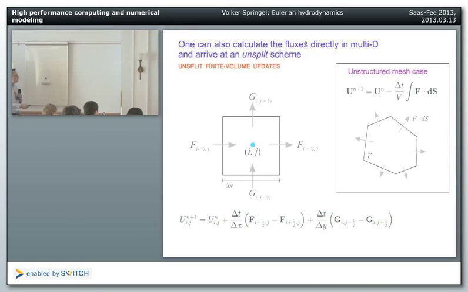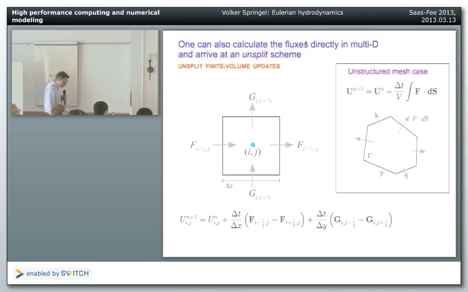Here you would use the general formula that comes from the divergence theorem, that you integrate the fluxes over the surface, and then you have to estimate the fluxes over the whole outer boundary of such an unstructured cell. You're not necessarily required to have a cubical cell. You could have triangles or hexagons or whatever, and then you would usually have to use an unsplit approach.